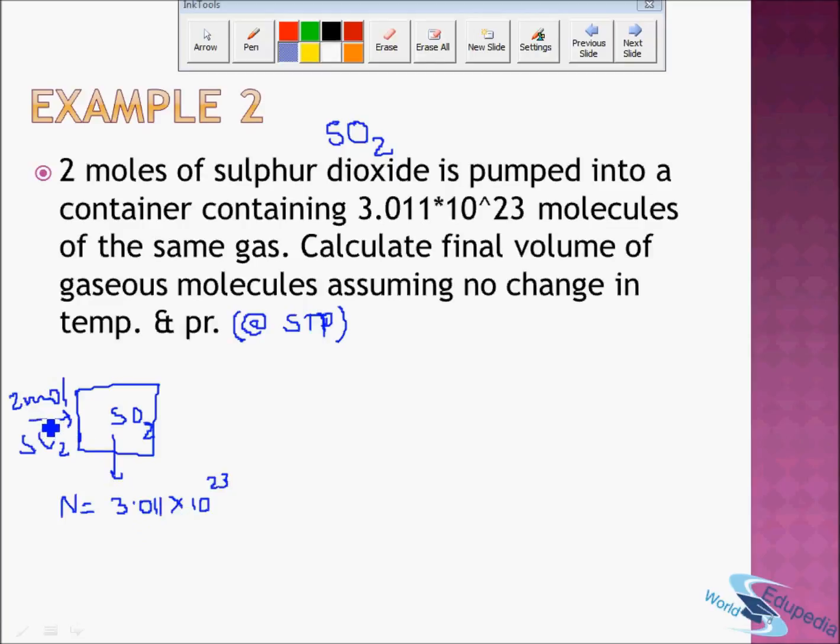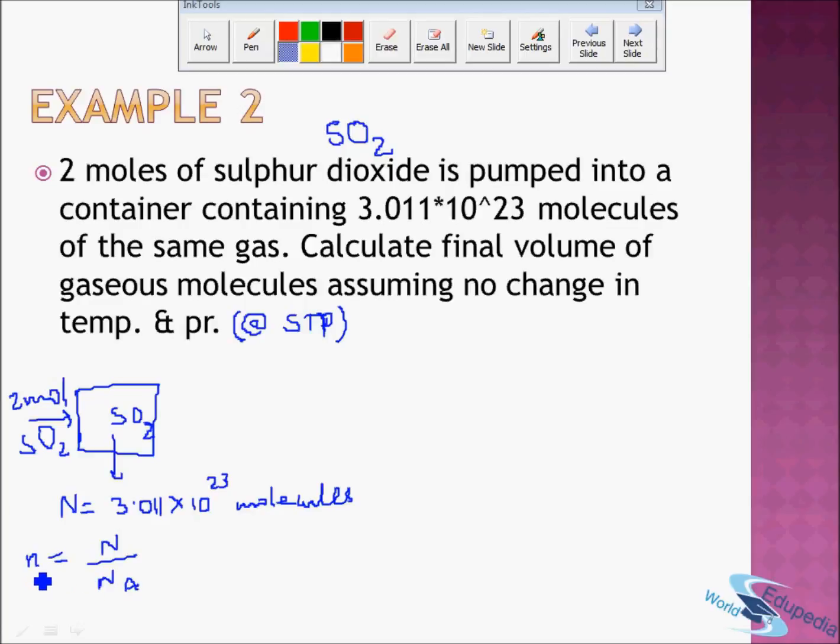Here I have moles. Okay, let's convert all of them into same figure. Okay, these are number of molecules, not moles. So let's convert them into moles. If you remember, number of moles of any particles is equal to number of particles divided by Avogadro's number, Na. If you remember this from a previous session.